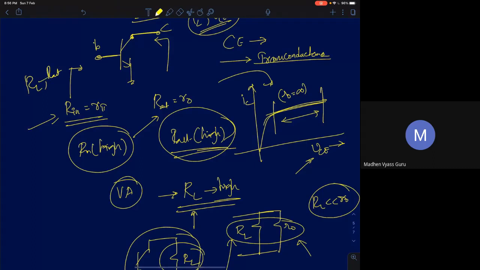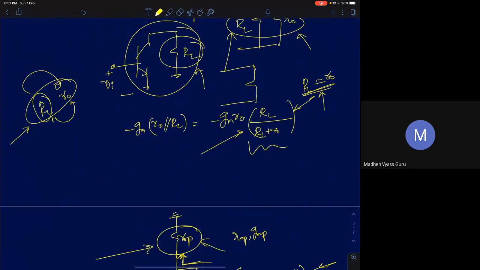It should be comparable or greater than the output resistance. Then you get significant gain out of a common emitter configuration. If your load resistance is very small, then you lose out on the gain. That effect of reduced gain in the presence of a load resistance is called the loading effect. We saw initially how it affects the voltage gain.